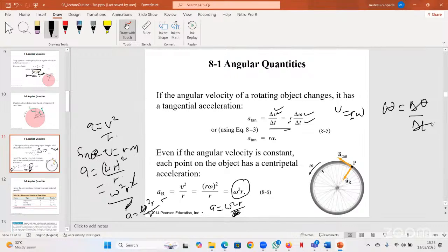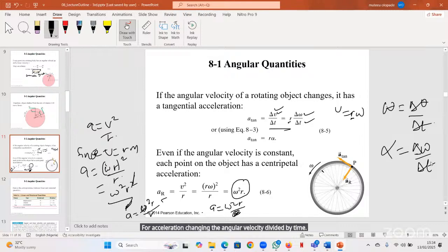When that occurs, we also have the angular acceleration. For acceleration, the change in the angular velocity divided by time. I hope it's clear up to that point.